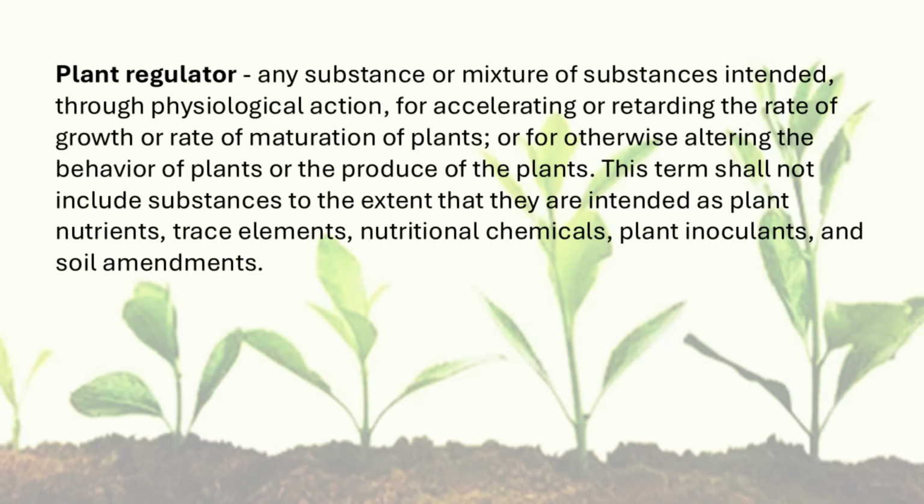Plant regulator. Any substance or mixture of substances intended, through physiological action, for accelerating or retarding the rate of growth or rate of maturation of plants, or for otherwise altering the behavior of plants or the produce of plants. This term shall not include substances to the extent that they are intended as plant nutrients, trace elements, nutritional chemicals, plant inoculants, and soil amendments.